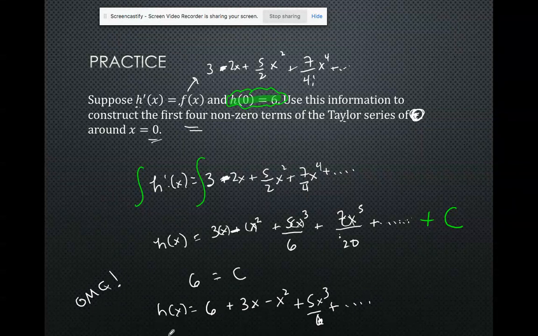OMG. Right? So in our live session, I did an example where we were taking an infinite polynomial and differentiating term by term. This time, I anti-differentiated term by term, but I gave you an initial condition.